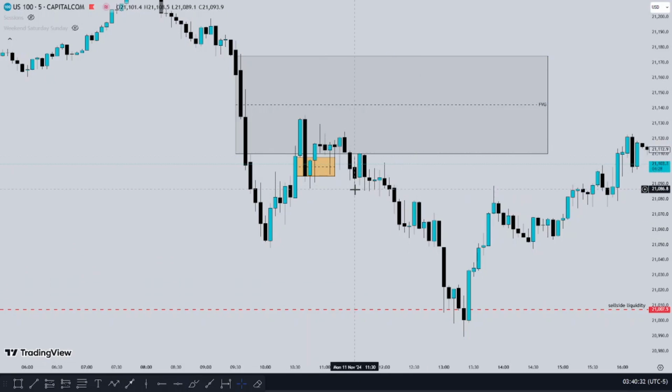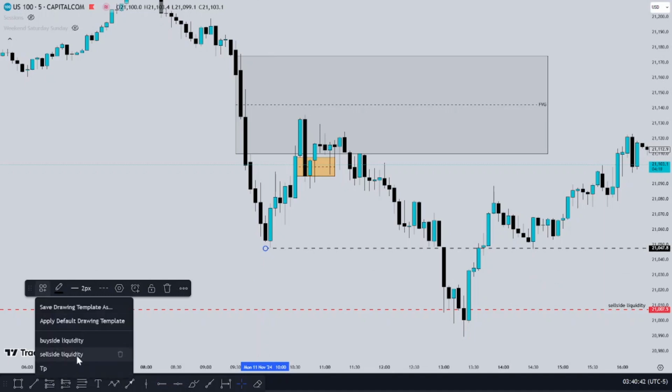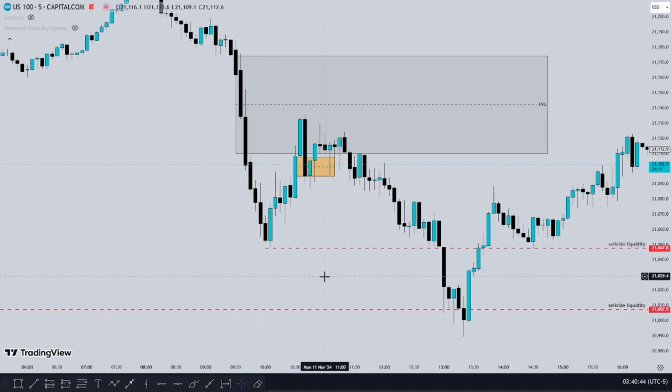After the shift in structure, on 1 minute we saw a fair value gap. Executed on the fair value gap, our target was the sell side liquidity, looking for price to run at this sell side liquidity. That was our target, a retracement, a high resistance liquidity run before price traded to our target.